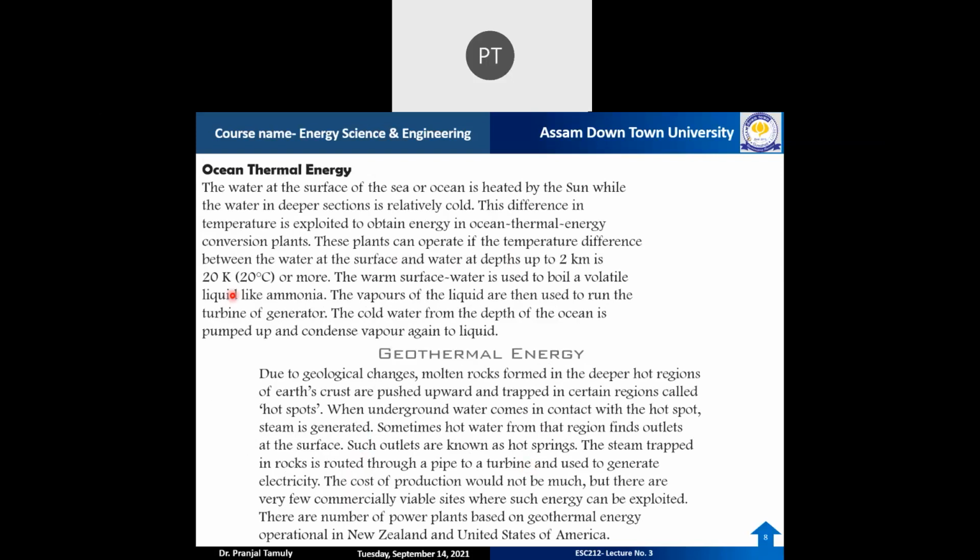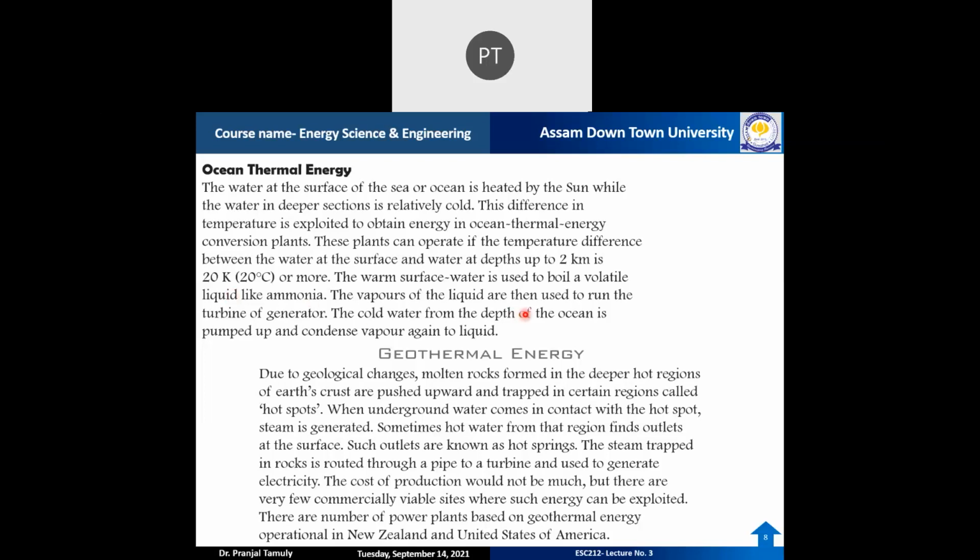Another source of energy is ocean thermal energy. The water at the surface of the sea or the ocean is heated up by the sun, while the water in the deeper section is relatively cold. This difference of temperature is exploited to obtain energy in an ocean thermal energy conversion plant. This plant can operate if the temperature difference between the water at the surface and the water at a depth of 2 km is 20 degrees or more. The warm surface water is used to boil a volatile liquid like ammonia.